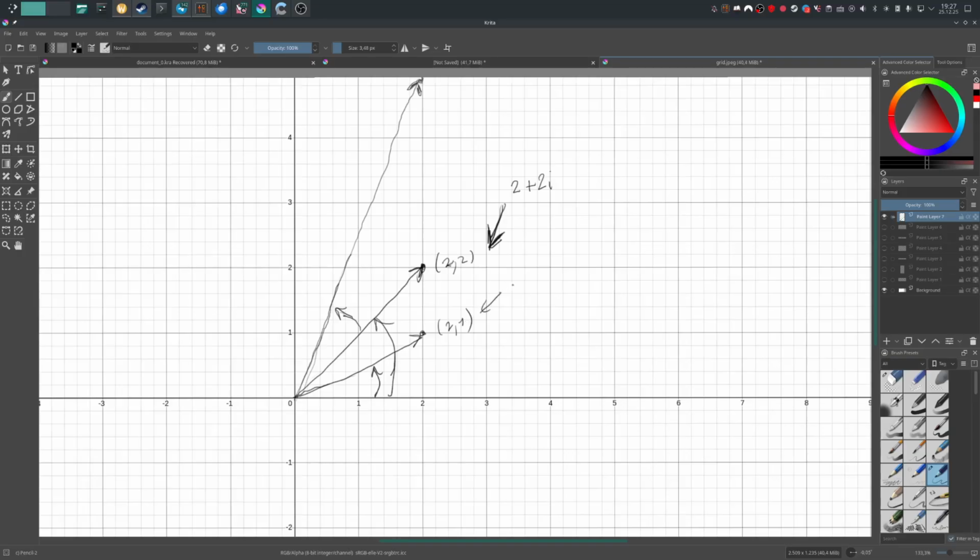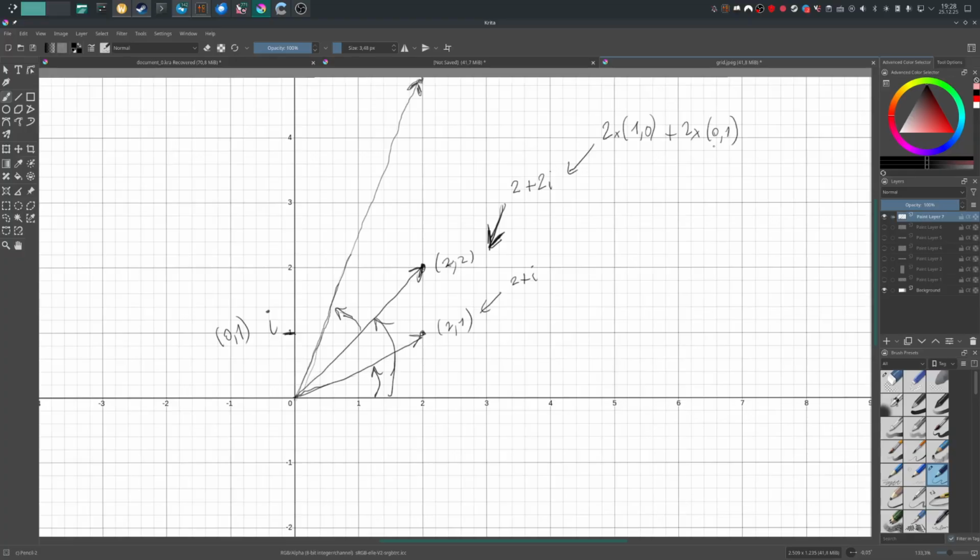This one is called 2 plus i. So basically, they think i is a shortcut for 0, 1. So when you write your thing like this, you are essentially saying 2 times 1, 0 plus 2 times 0, 1.